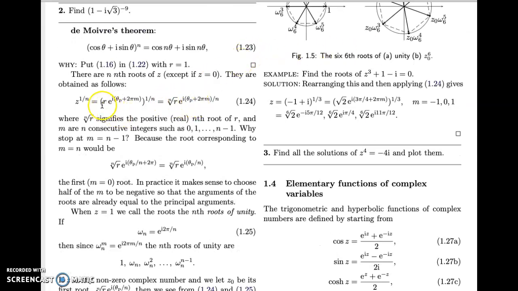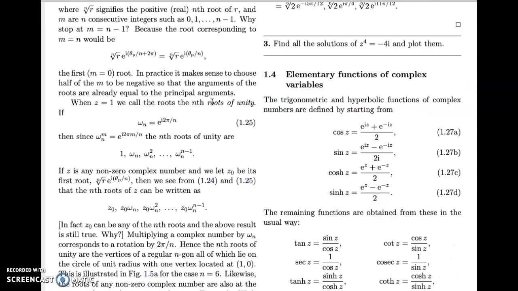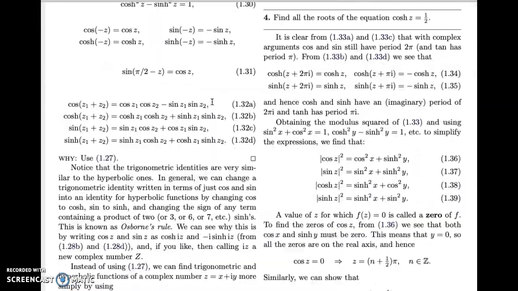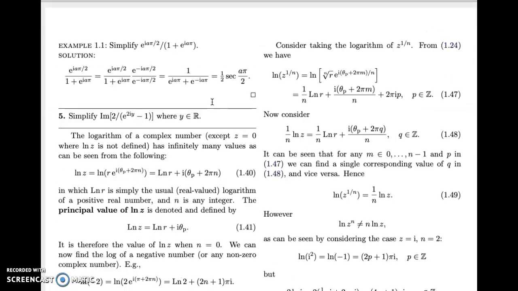That's here. z to the 1 over n is given by this formula here, reproduced here. So we just take the log of this, so that's the nth root of r, so it's 1 over n times log r, and then we take log of e to the something, so the something comes down.